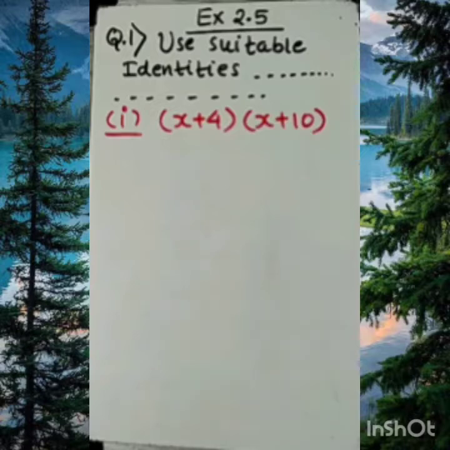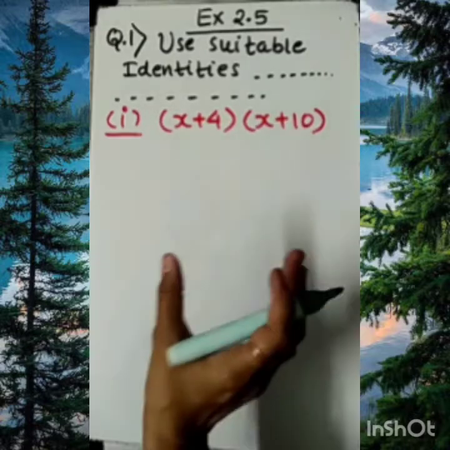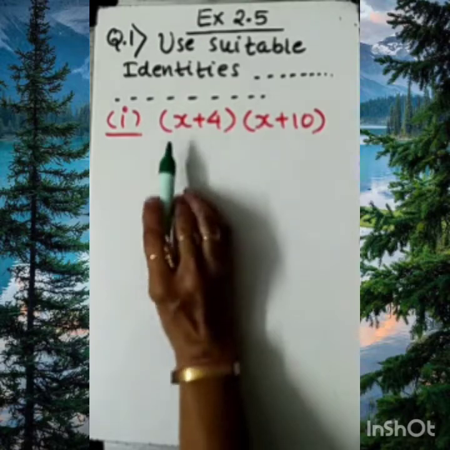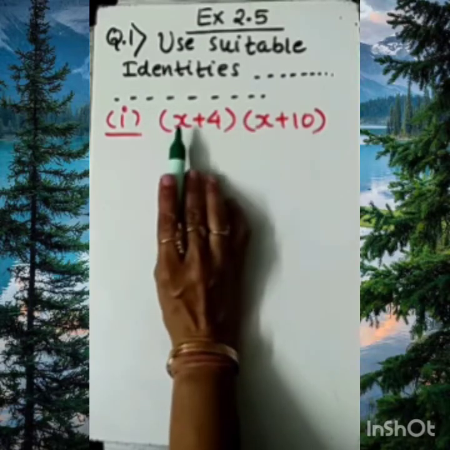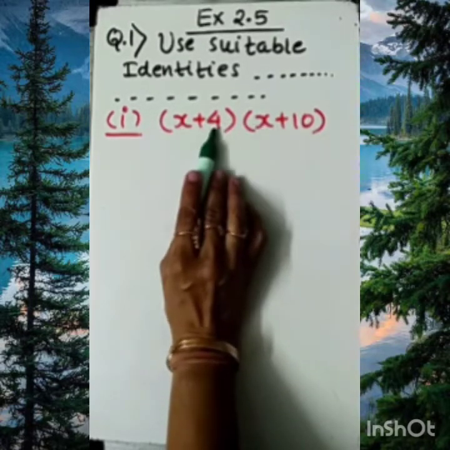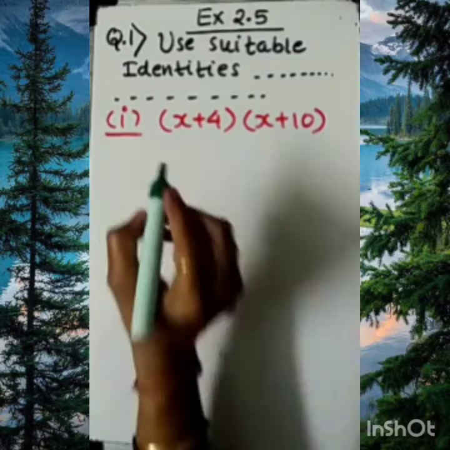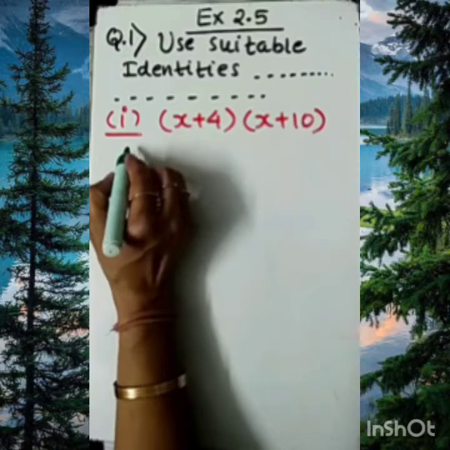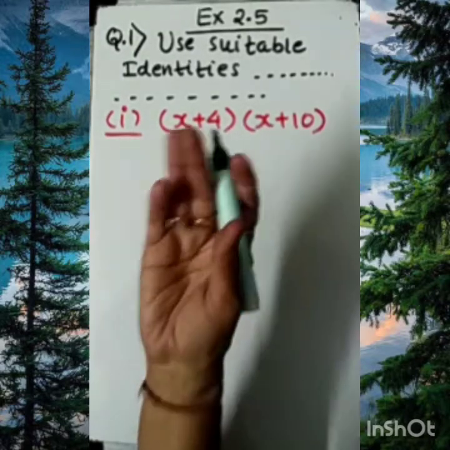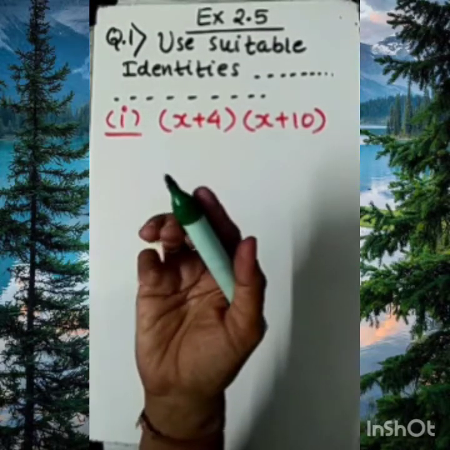So how to go with that? Let's see which identity we need to apply. Here we can compare: the first term in both the brackets is similar, but the second term in both brackets is different. In such a case, we need to apply this identity, which is called the useful identity, which we have already studied in class 8.